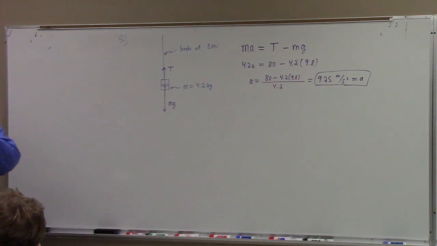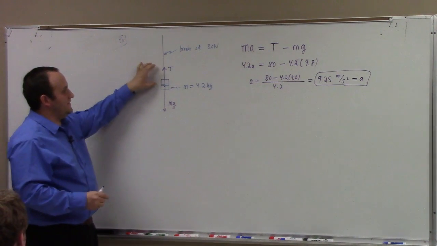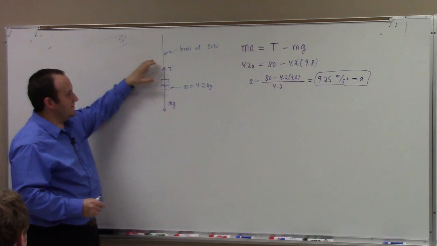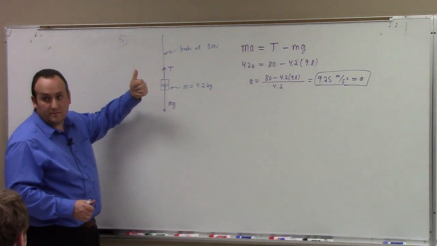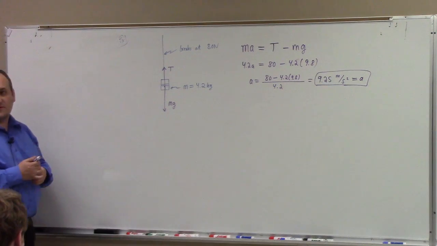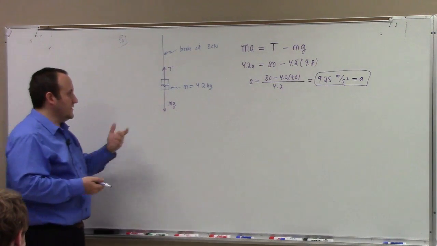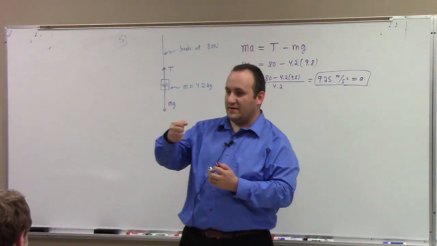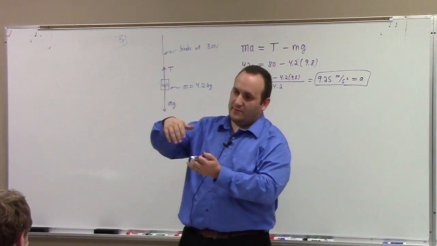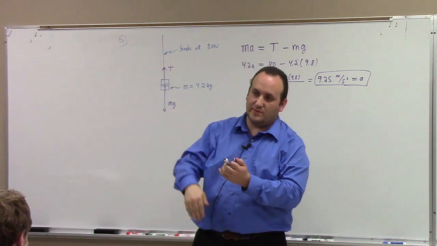I understand the problem. Yes, you're right. So if the tension force is less than the force of gravity, I could still have it falling and yet have a force upward. That's true. Absolutely. For example, if the tension was 20 newtons and the string is dropping, it would be accelerating at less than g, but it would still be falling down.